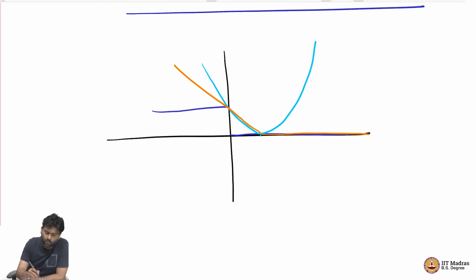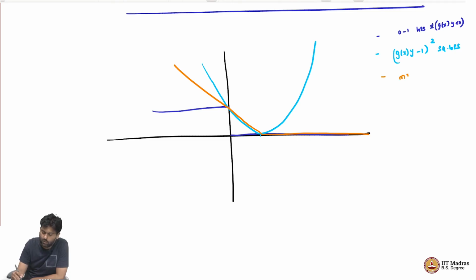Let me put this all down. This is the squared loss, g of x into y minus 1 squared. The 0 1 loss is the indicator of g of x into y less than 0.